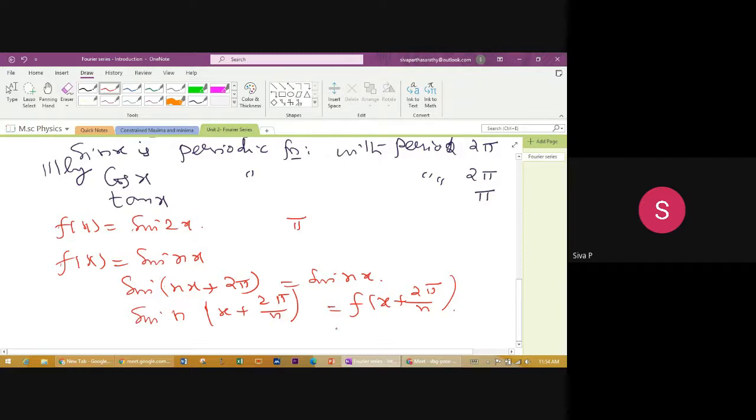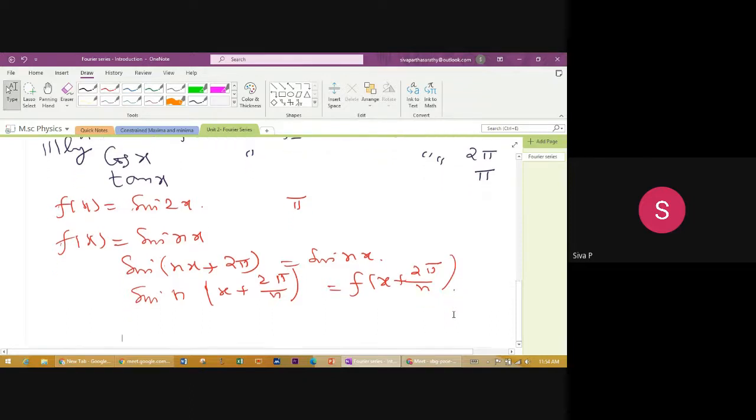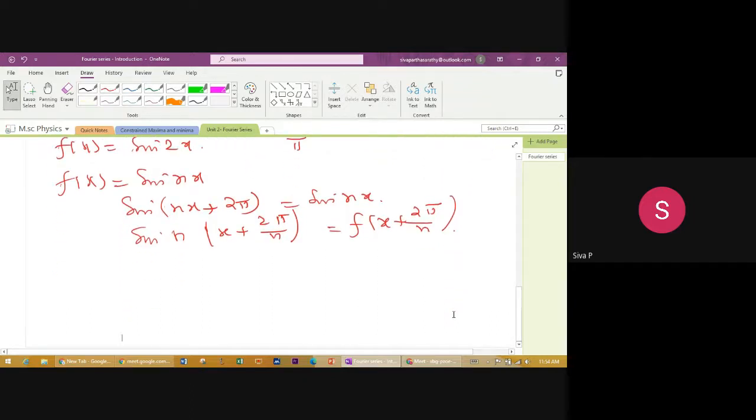Therefore, 2 pi by n is the period of sin nx. Similarly, 2 pi by n is the period of cos nx.